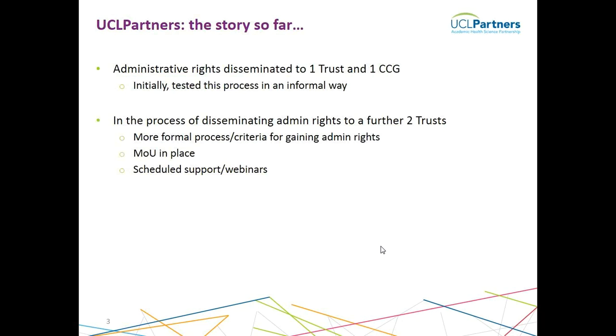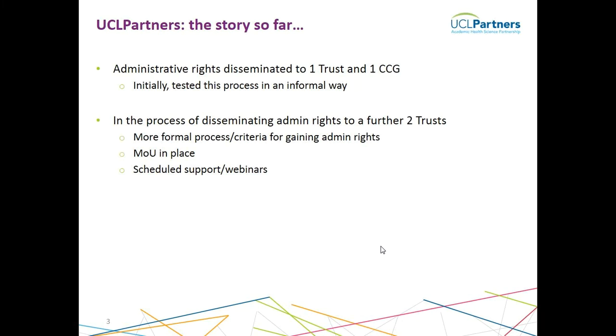So to start with, UCL Partners' story so far. We have handed over admin rights to one trust and one CCG to this date. We did this a few months before the new site launch, and that launched in October, so a few months before that we were in this process.